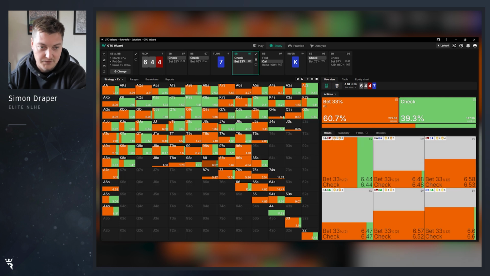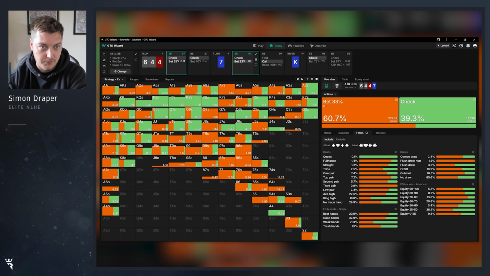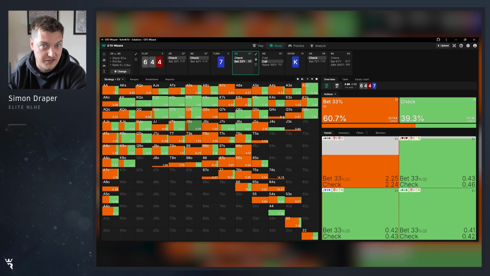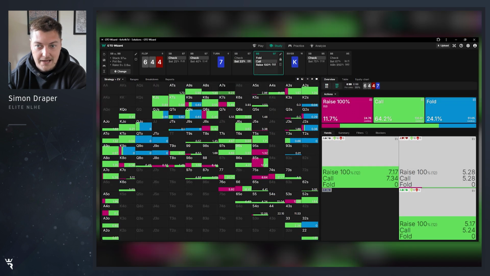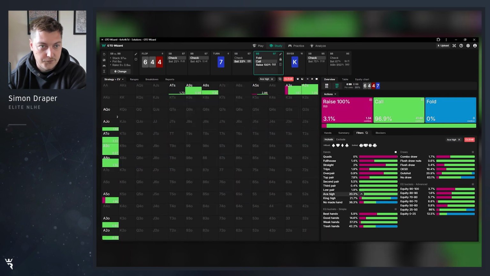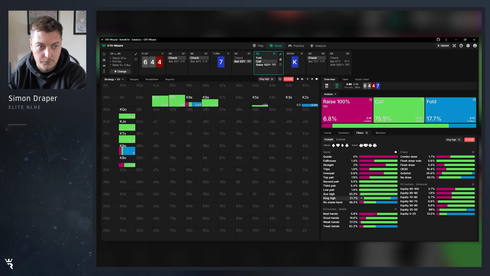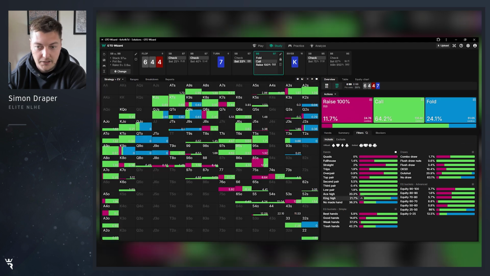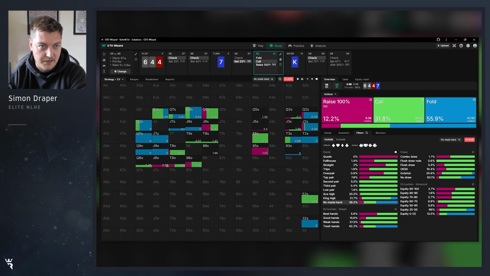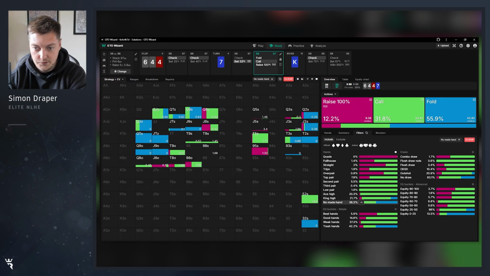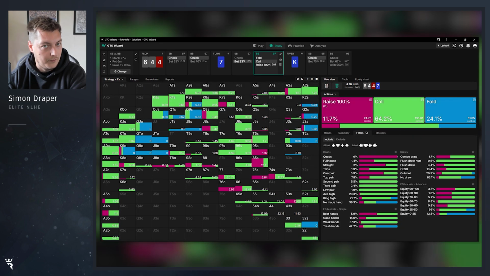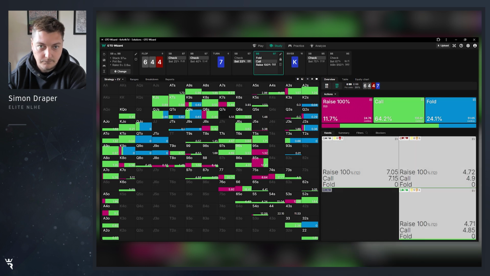This is often down to the action and also the fact that they've checked quite a strong range on the flop. So they go for the 1/3 size, and you can see that we are forced to defend every single ace high. We're forced to defend pretty much every single king high, and we're also forced to defend some queen highs and some random gutshots and open enders and so on. So we're not folding very often on this particular turn.